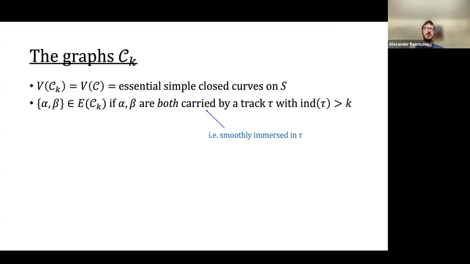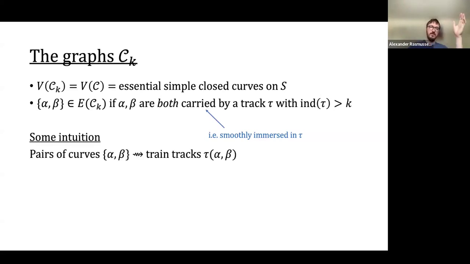So not only are curves joined by an edge when they're disjoint, but also when they fill the surface, chop it up into polygons, and the polygons have some large numbers of sides. So essentially, you're making things closer together in CK, and the only things that can be far apart are pairs of curves that cut up the surface into really small polygons.